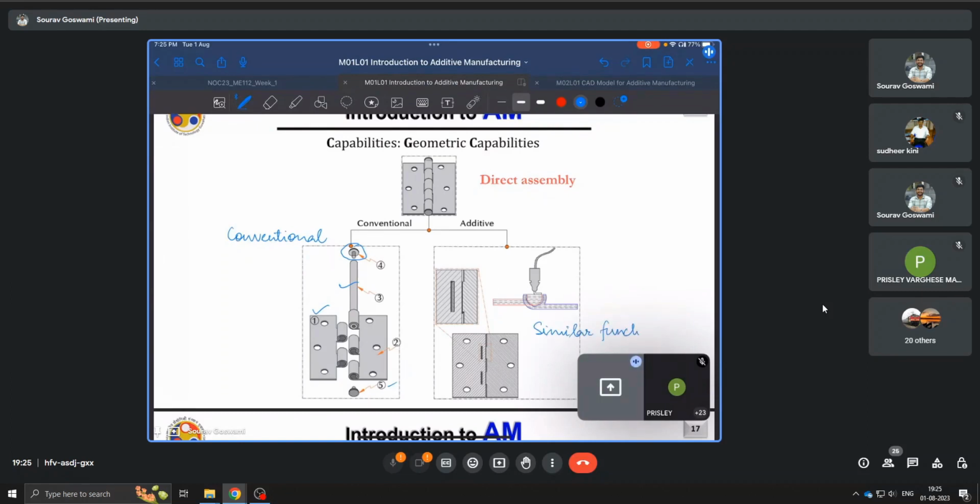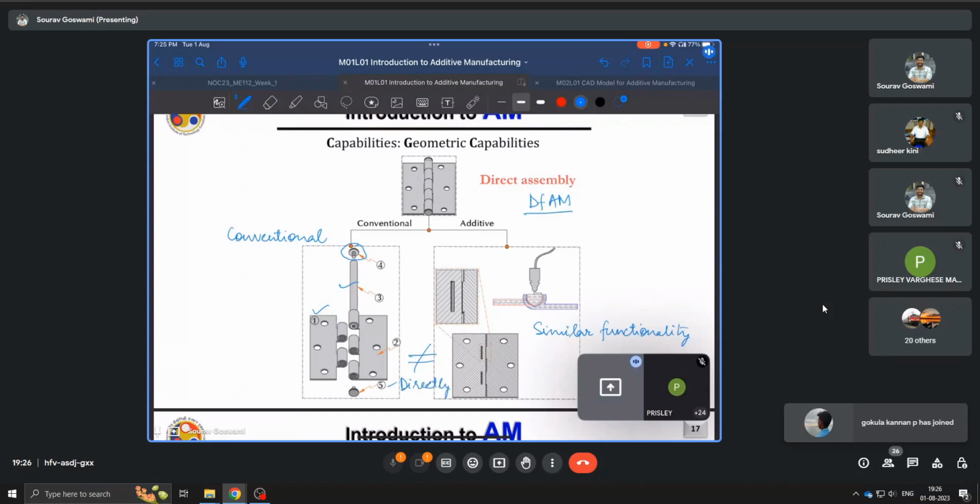a part manufactured by additive manufacturing. Why are they not the same? This is because of something called design for additive manufacturing or DFAM. So when you have a product and you already have an established design cycle for it, which enables its production through conventional manufacturing processes, the same cannot always be directly adopted to an AM framework.